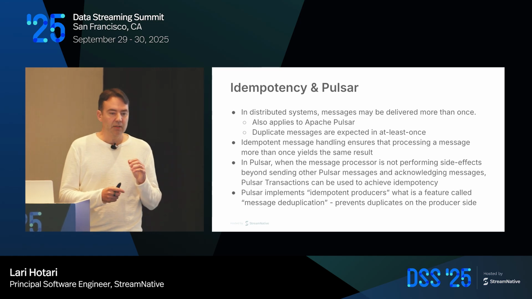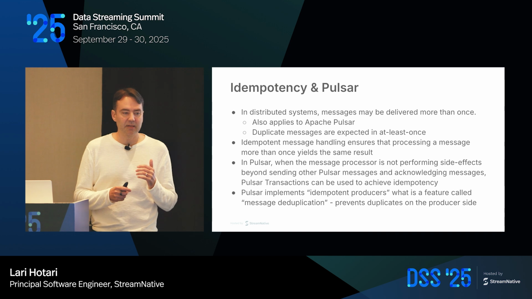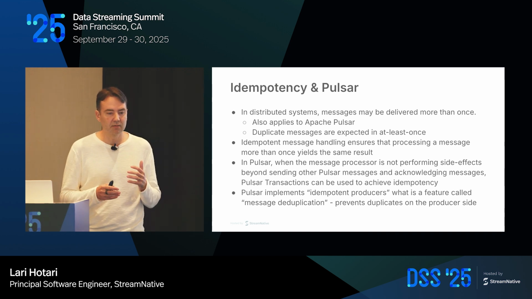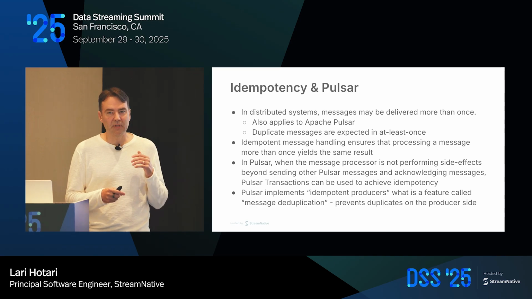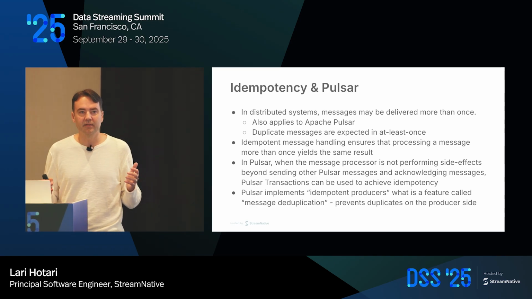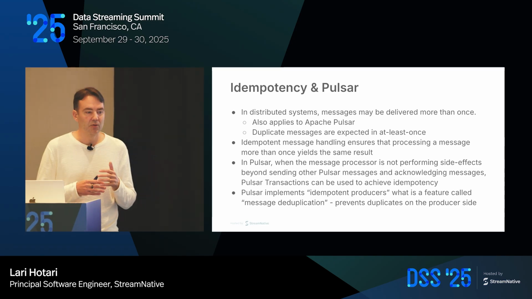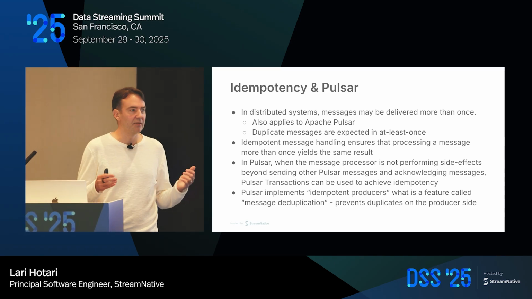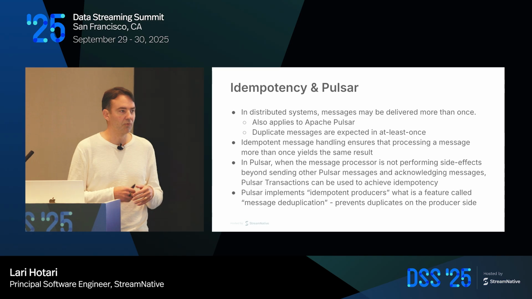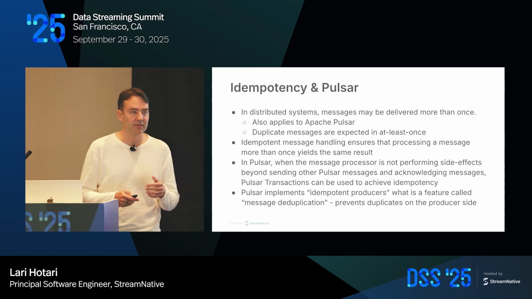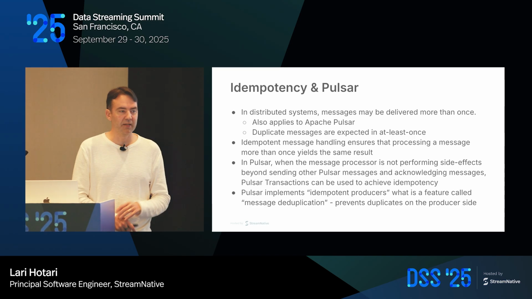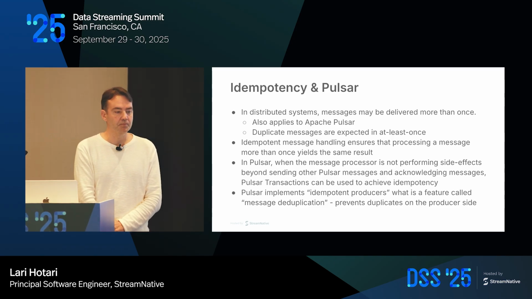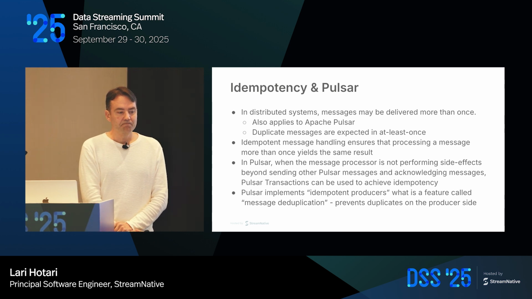And then idempotency is something that has to be solved as well, when ordering is important. Since it's a reality in distributed systems that you cannot get exactly-once message delivery, for reliable messaging it's always at least once. And this results in duplicate messages being expected.